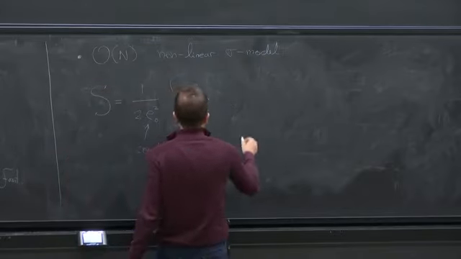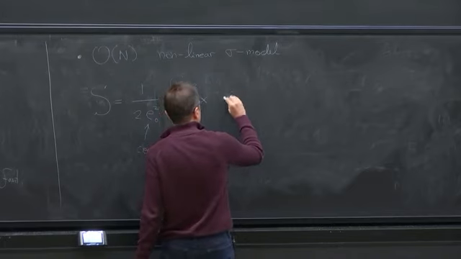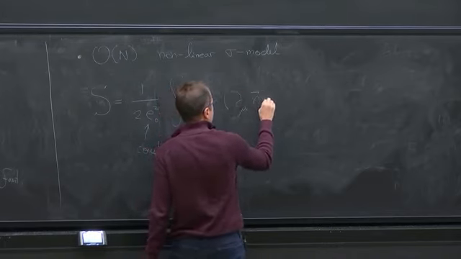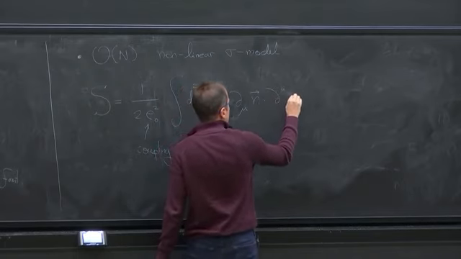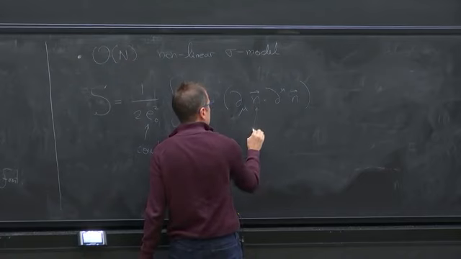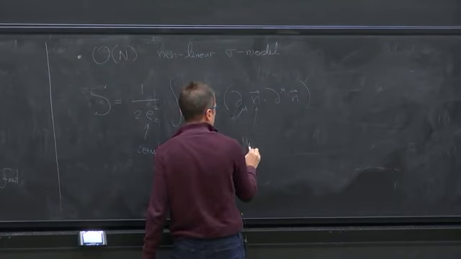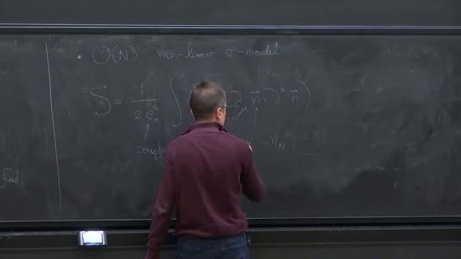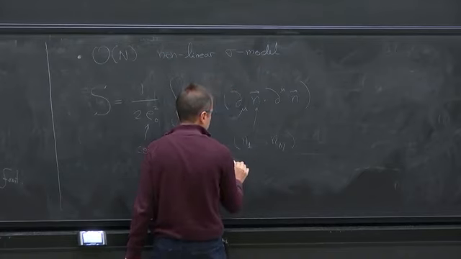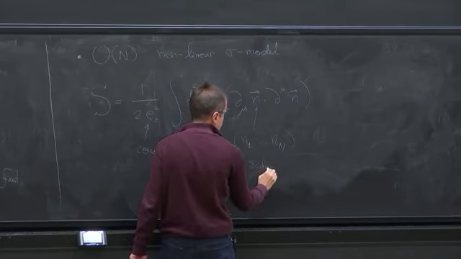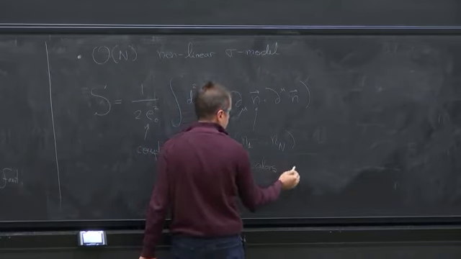And then the action is just d mu of a vector n dot d mu of a vector n. So this would be just n1 up to nN. So it's like having basically capital N scalars, right?